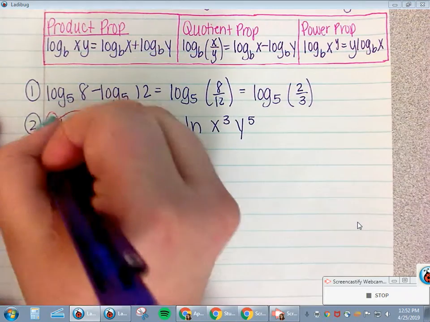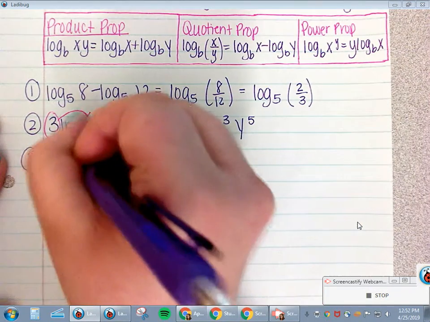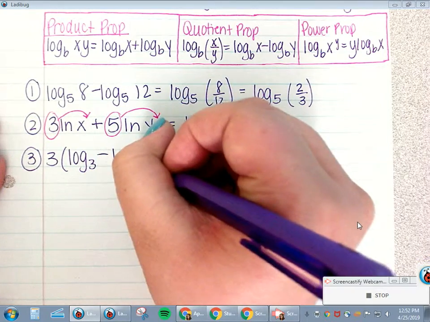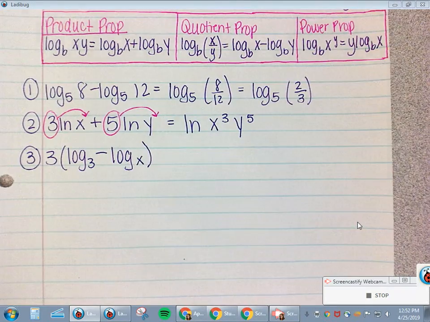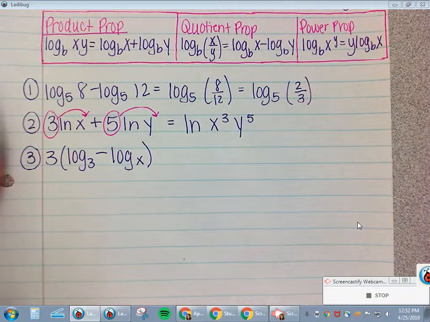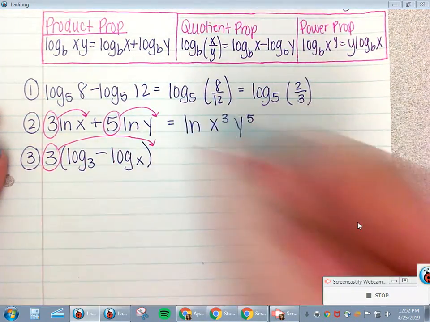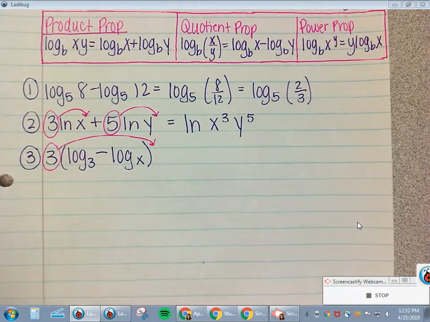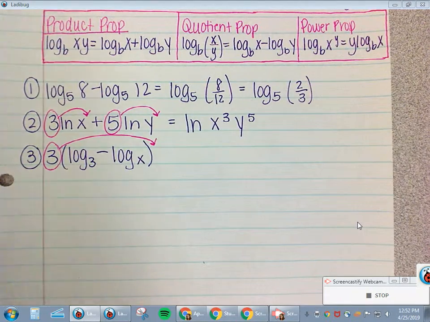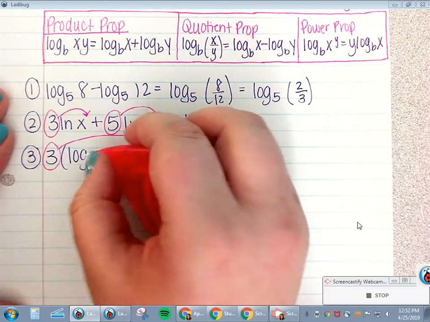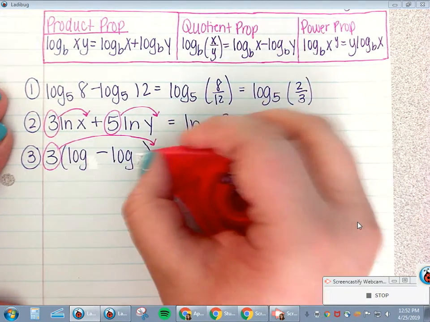All right, what if we had 3 times the quantity, log base 3 minus log base x? First off, there's this 3 out front that'll come all the way over here. I should probably write my problem so it makes more sense.